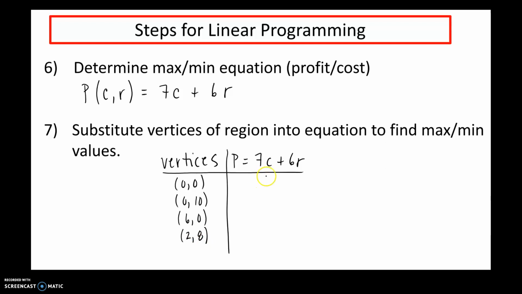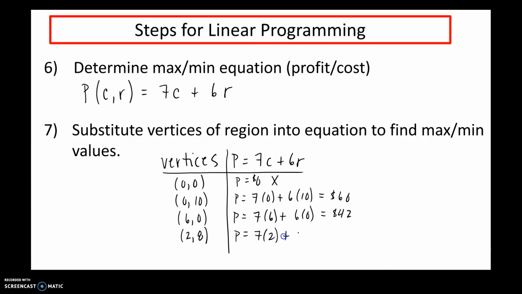Okay, so this obviously would just be a profit of $0. That doesn't make any sense. So I would have 7 times 0 plus 6 times 10. So this would give me $60. 7 times 6 plus 6 times 0. So this would give me $42. 7 times 2 plus 6 times 8.